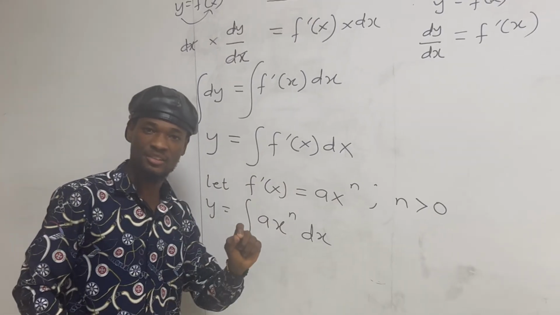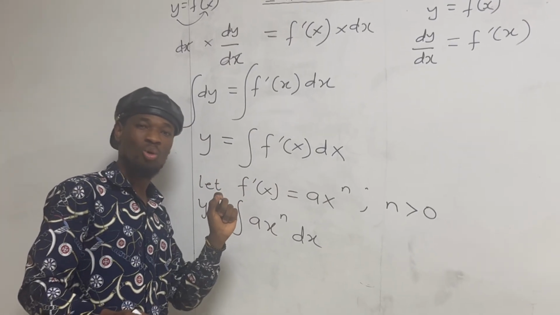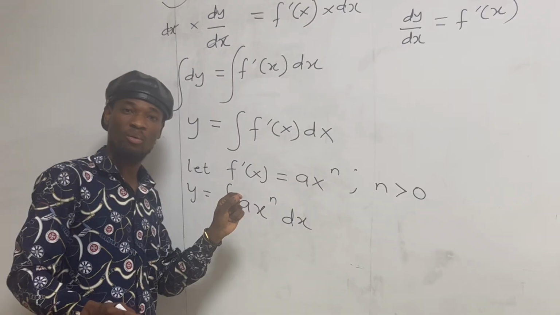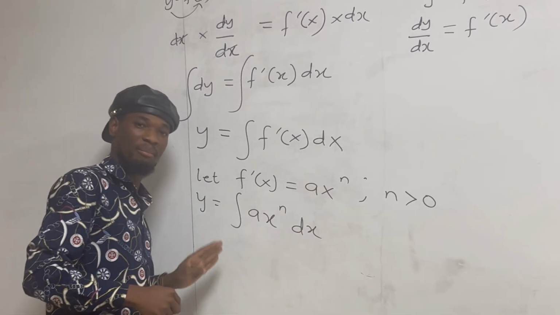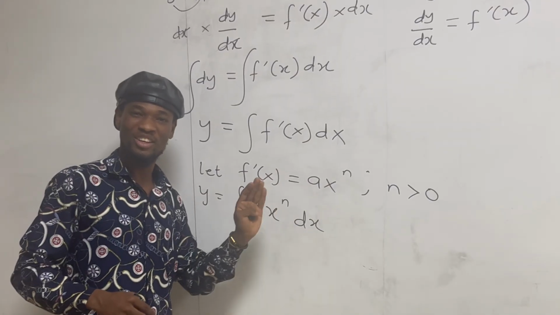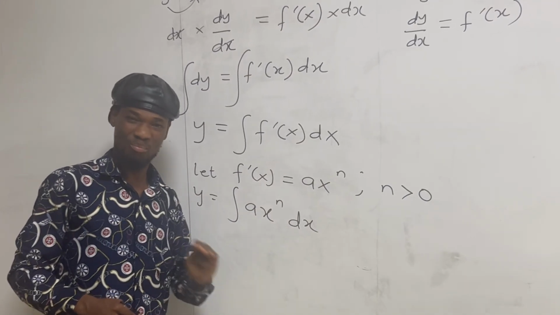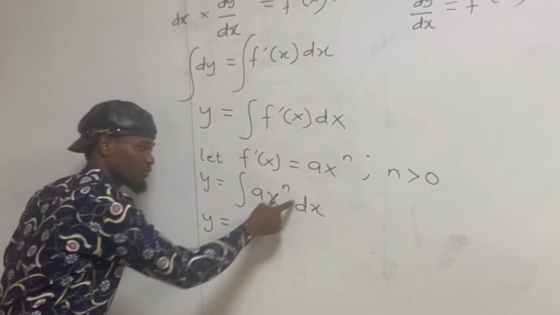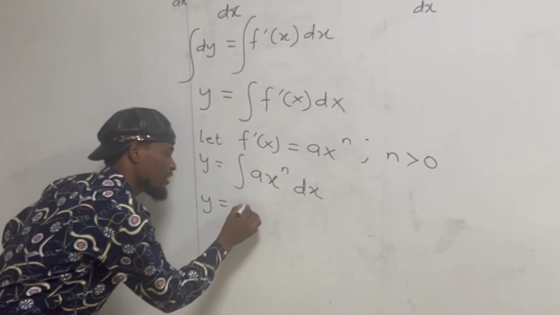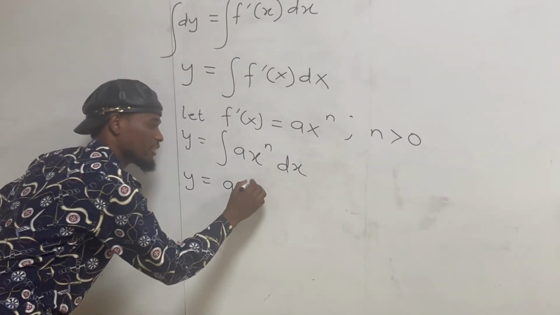For integration, we always what? We always increase the exponent by what? By 1. So you add 1 to the exponent, then you divide it by what? By the new exponent or by the new power. Simple as that. So I have y is equal to this. What happens? I have a x to the power n.